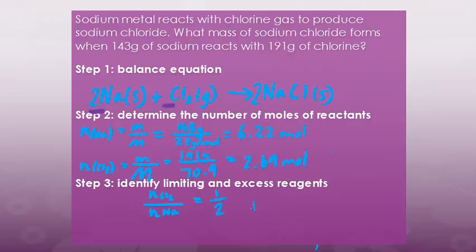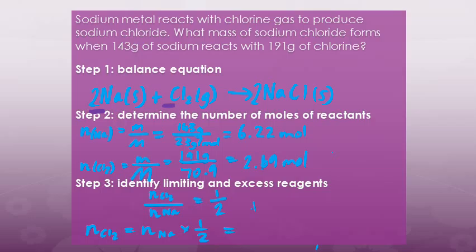So now I can calculate the number of moles of chlorine based on the number of moles of sodium I have. The number of moles of chlorine that will react equals the number of moles of sodium multiplied by 1 over 2.